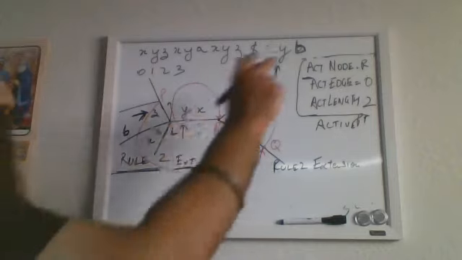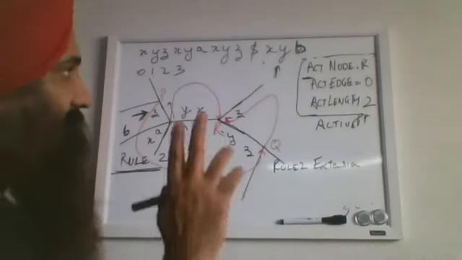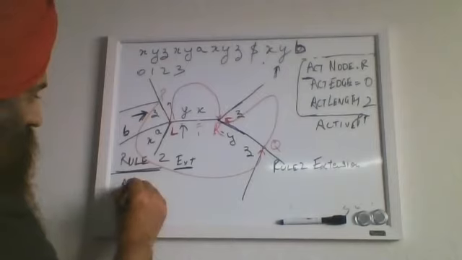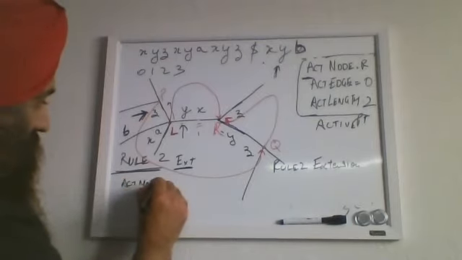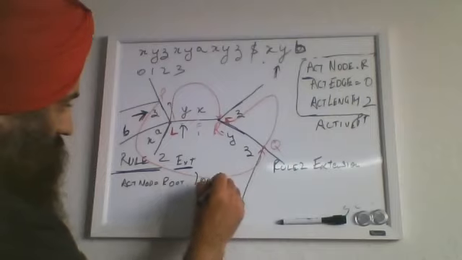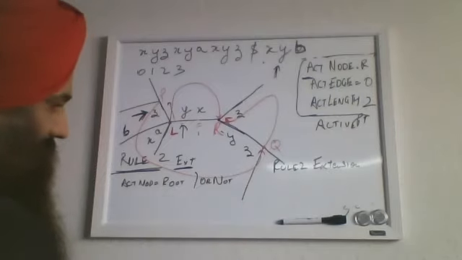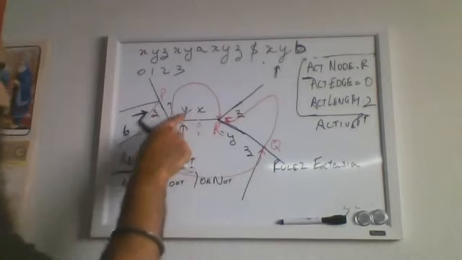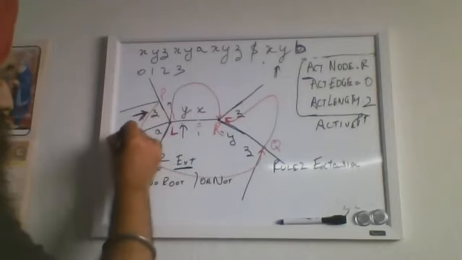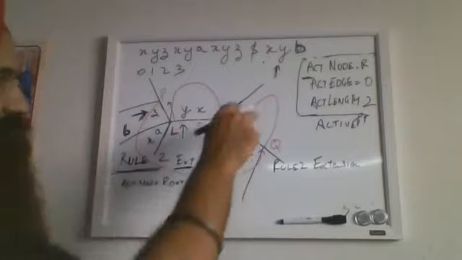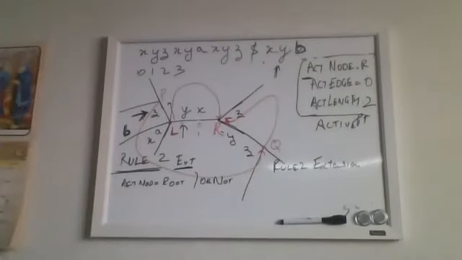Then your active point will get impacted in 2 different ways. The first way is you have to check whether your active node is root or not. So let's take the first case. In this case, since we added this b as a new edge after xy, our active node was root.